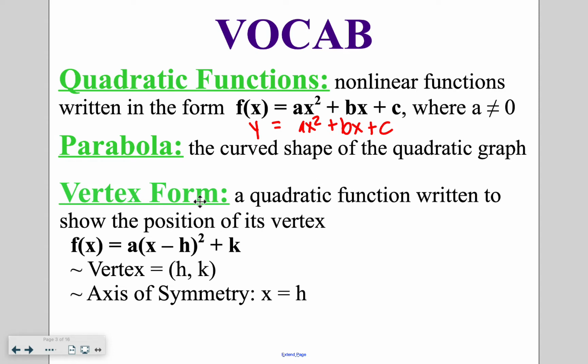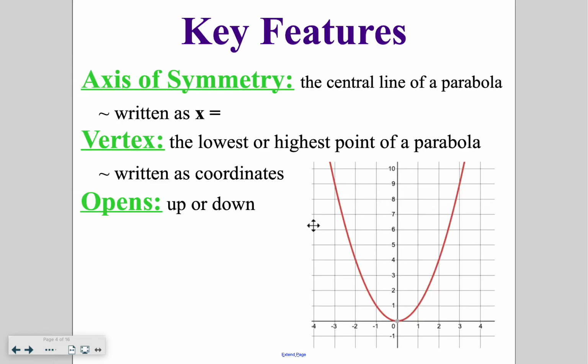Vertex form is the other way that we can write out quadratic functions. Again, this original part was called standard form. The other way we can write it is in vertex form, and this is a quadratic function written to show the position of its vertex. So a vertex is the highest or lowest point on the parabola. If you are looking at this example here, this parabola, again, resembling this U shape, its vertex is this point down here.